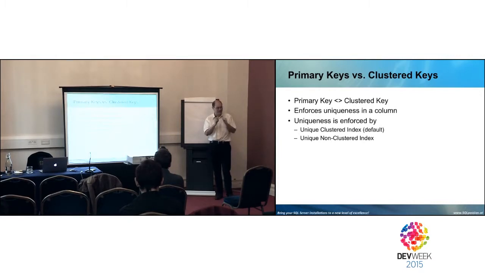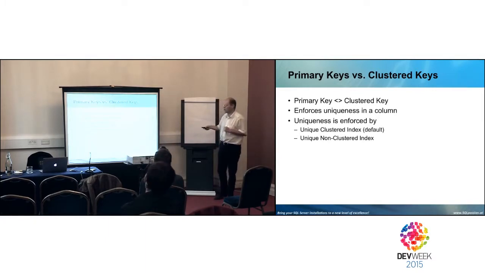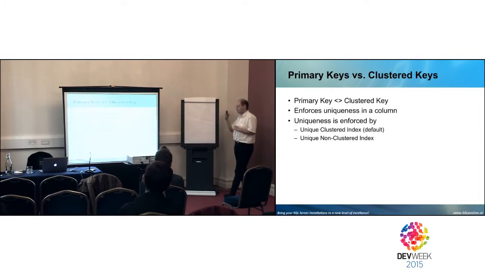And we have a second option in SQL Server to enforce a primary key constraint with a unique non-clustered index. It doesn't matter if we use a clustered or non-clustered index. We just want to enforce uniqueness in a specific column. And that uniqueness can be enforced with a unique clustered index, which is the default option, or a unique non-clustered index, which is not the default option.